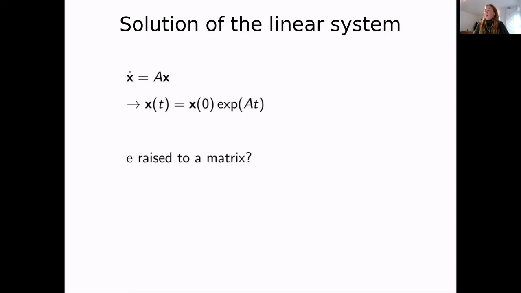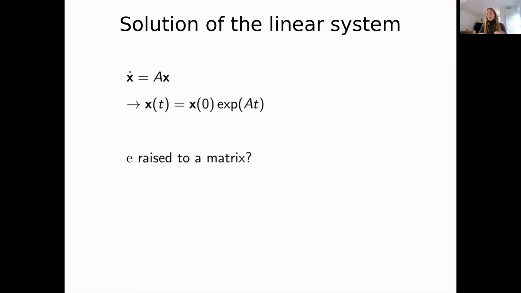So when we now have a solution to our system with multiple dimensions, remember we had this example of the spring and the mass, where our function of our state was simply a matrix multiplied by our state. So this is now the time derivative of our state vector, and the function is, in a linear system, the matrix times our state.